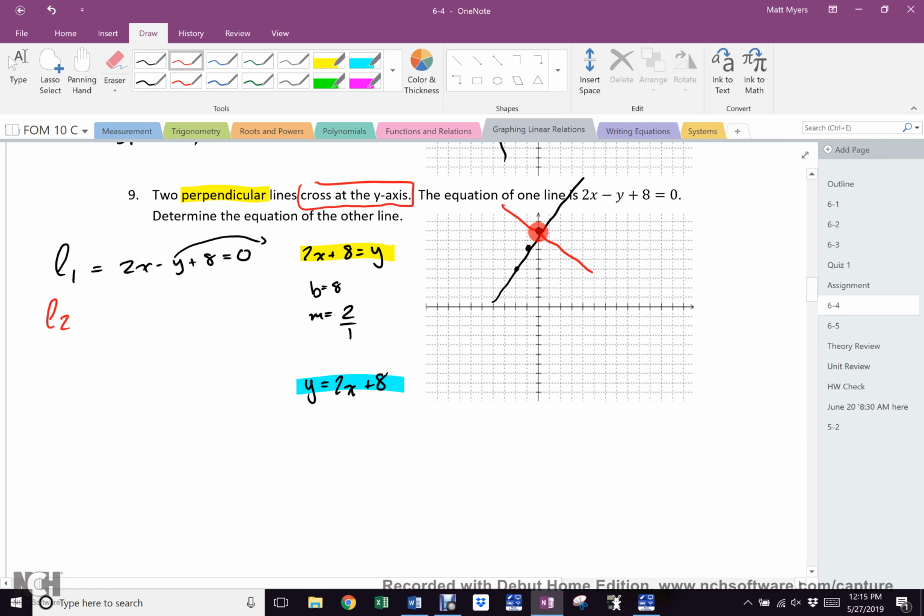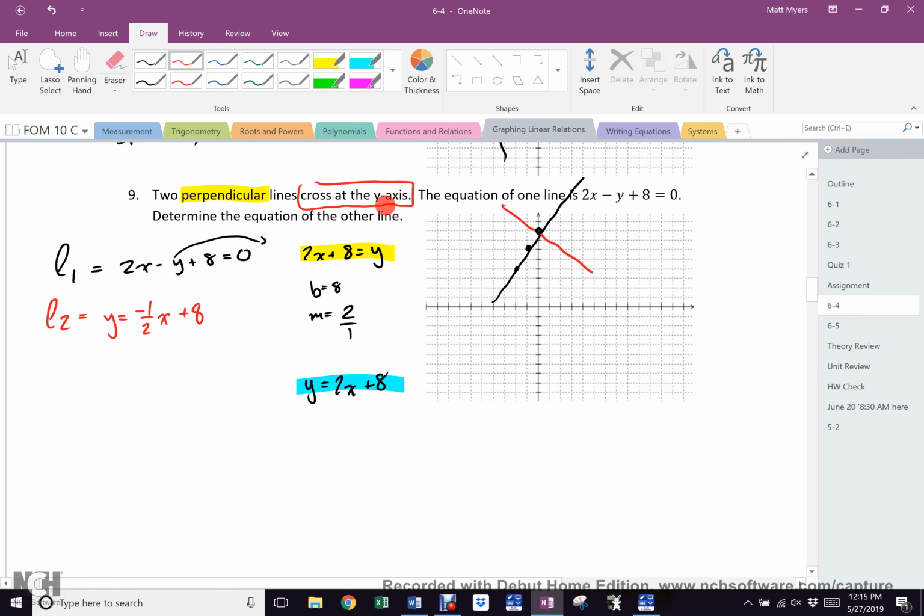What is that point? 8. So line 2, we know, is y equals, what's the opposite reciprocal slope of 2? -1/2 x. And what did they share? Y. Y is this +8 in both, because it says that they cross at the y-axis.